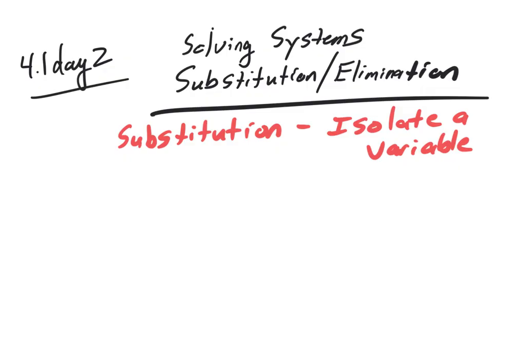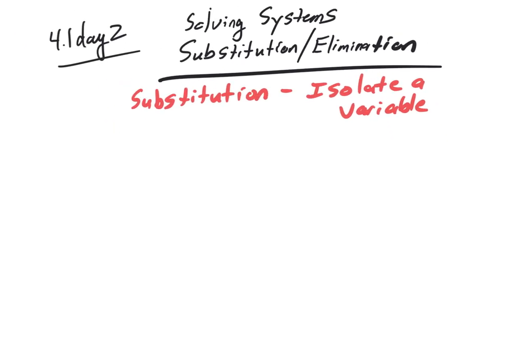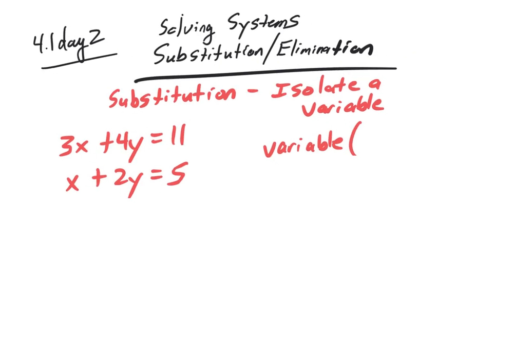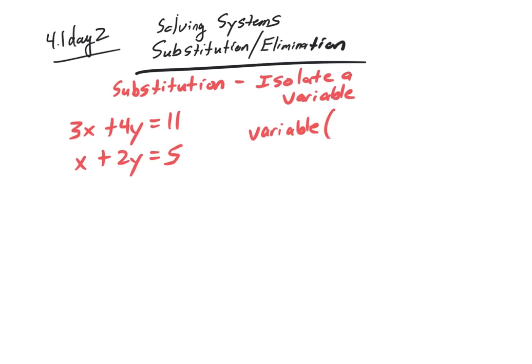On this first one, we have to decide which variable we want to get by itself. And we're always going to choose the variable that has no coefficient.